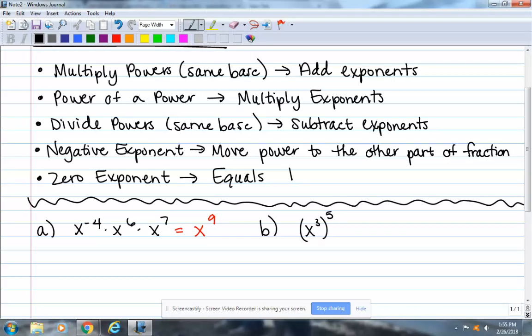It's a power of a power. x to the 3rd power is already a power, and then we're going to raise that to a 5th power. And what are we supposed to do mathematically when we take a power of a power? Multiply the exponents, and you keep the base, and you get x to the 15th. So power of a power, you multiply the exponents.